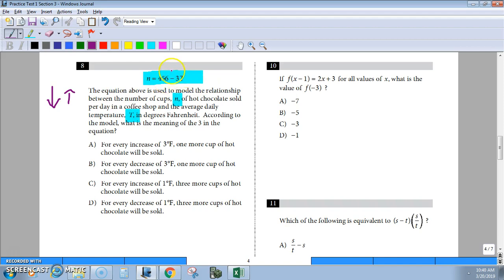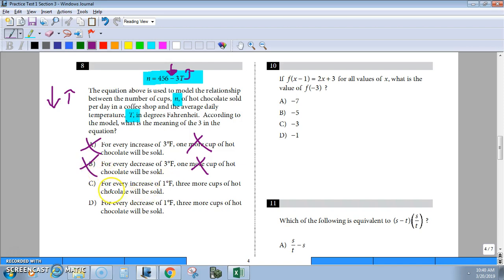So obviously they're going to sell less. That's why we have this subtraction sign here. So the higher our temperature goes, the less hot chocolate we're going to sell. So we can eliminate anything that has more hot cocoa for every increase. So it's not going to be A, it's not going to be B.